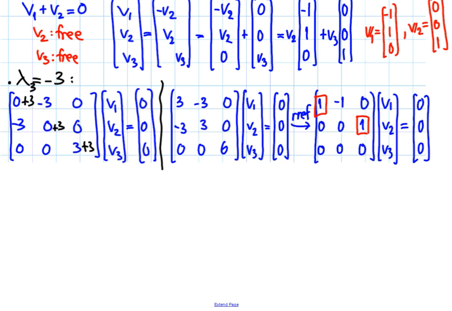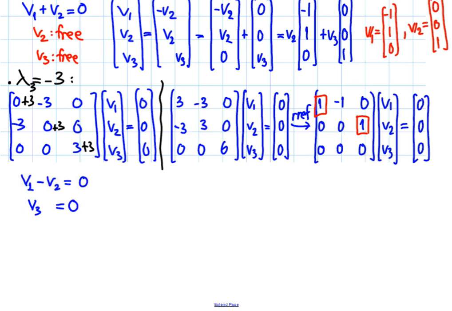What we have, the first equation is V1 minus V2, actually V2 is free, is equal to 0. And then the second one, V3, is equal to 0.